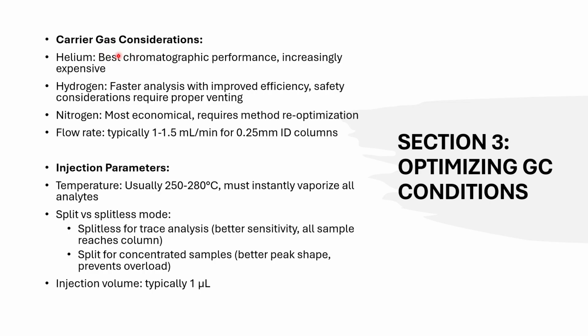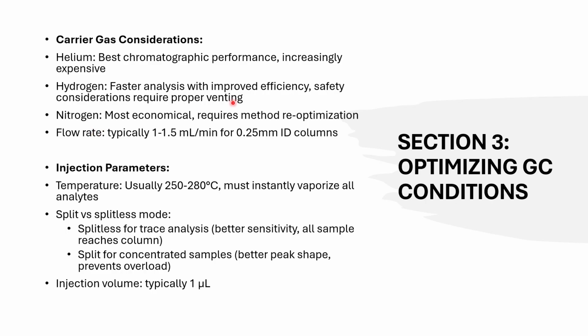Now let's talk about your carrier gas. Helium will give you the best chromatographic performance, but it is expensive. Hydrogen will give you faster analysis with improved efficiency, but safety considerations require proper venting of hydrogen gas. Third one is nitrogen.